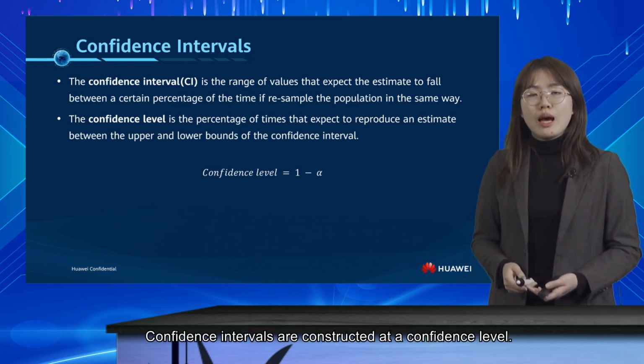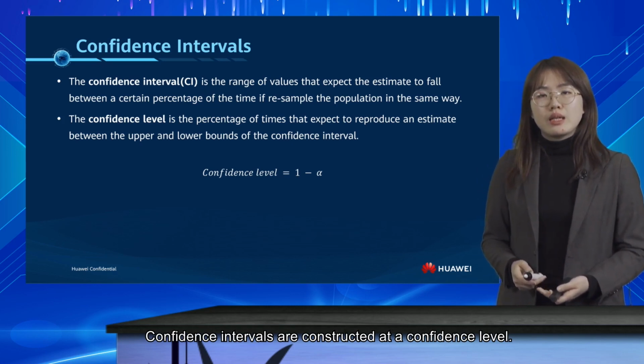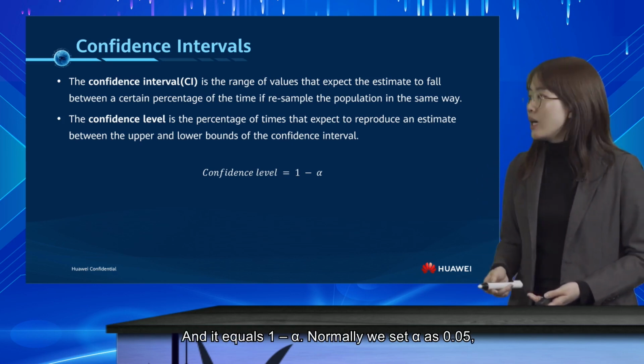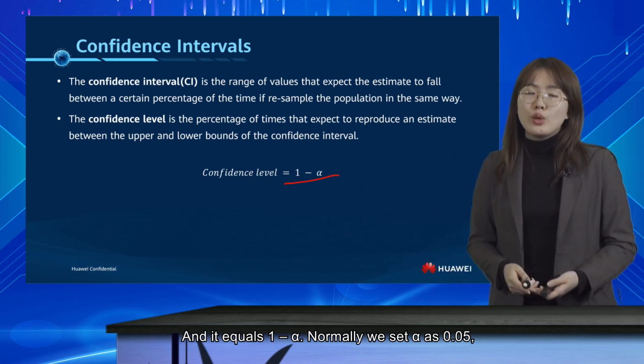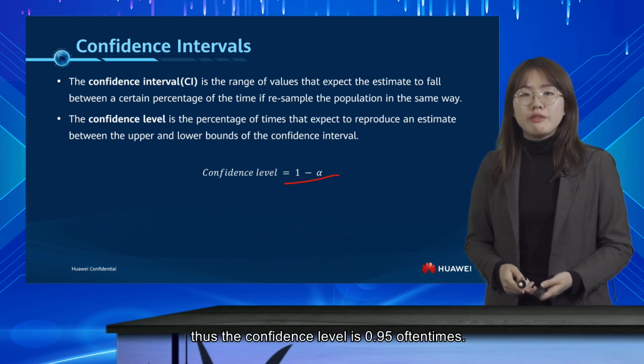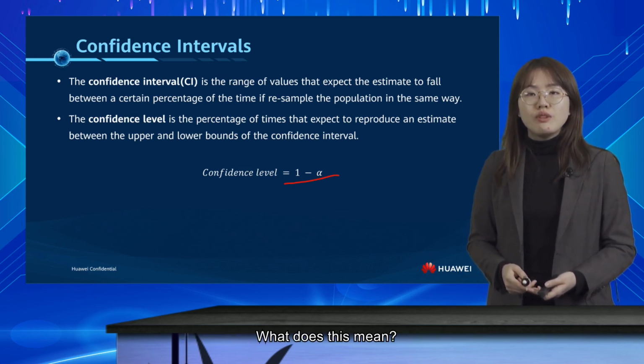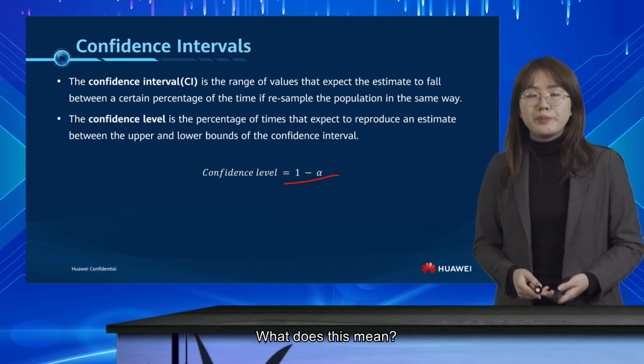Confidence intervals are constructed at a confidence level, which equals 1 minus alpha. Normally, we set alpha as 0.05, thus the confidence level is 0.95. What does this mean?